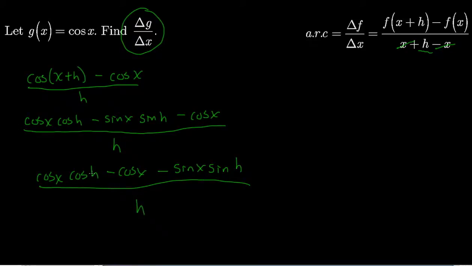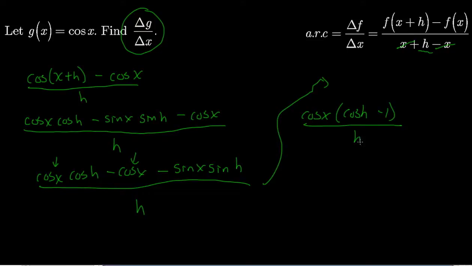So at least I have the cosine x's near each other, so I can factor a cosine x out of the first two. Cosine x times cosine h minus 1, and I'm going to put all that over h. And then as a second fraction, I'm going to have minus sine x sine h over h.